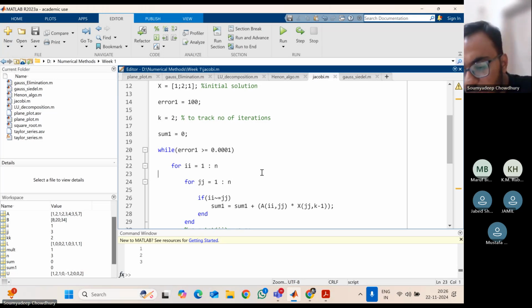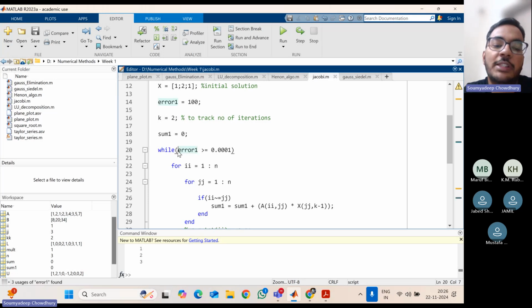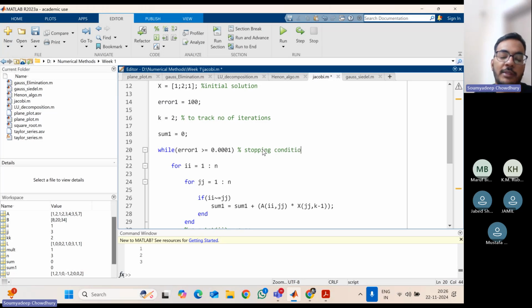Okay. So when you don't know the number of iterations, only you know the stopping condition, then we use while loop. So just remember, in numerical methods, when we want our tolerance to be within a particular limit, we know only the stopping condition. We don't know how many times it should iterate. So basically we use while loop here.